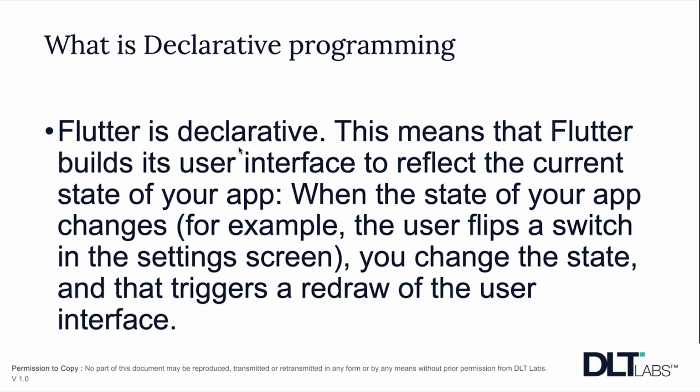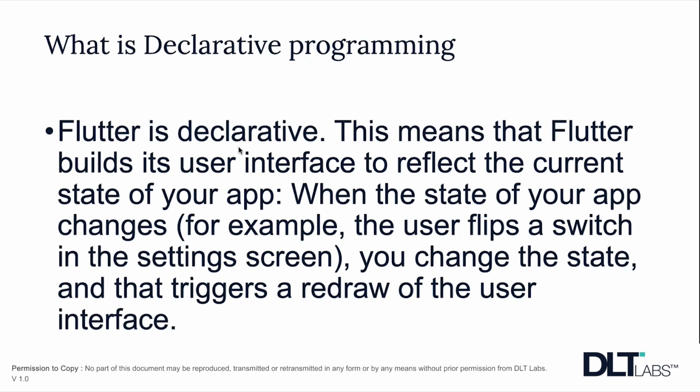So Flutter is declarative. This means that Flutter builds its user interface to reflect the current state of your app. Suppose you have data which is bound to a UI, and whenever the data changes, the UI will update automatically.